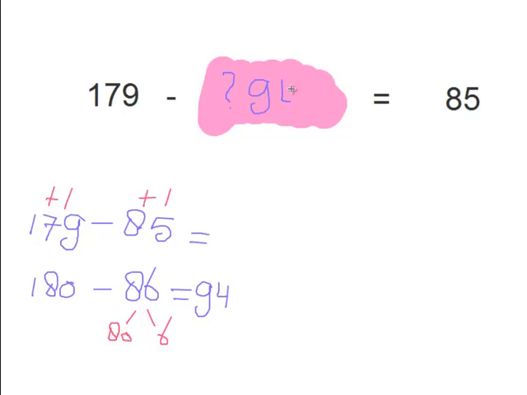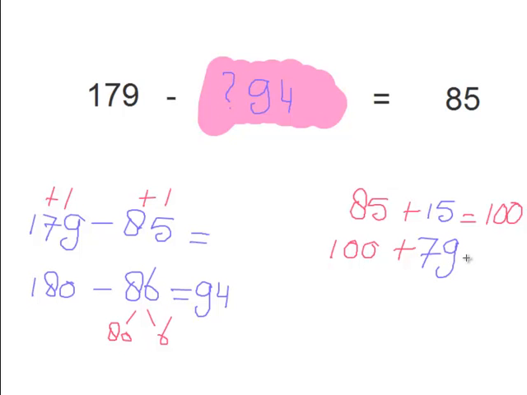Okay, so we know 179 minus 94 equals 85. So let's solve it another way. So 85 plus 15 equals 100. And now we have 100 plus 79 equals 179.